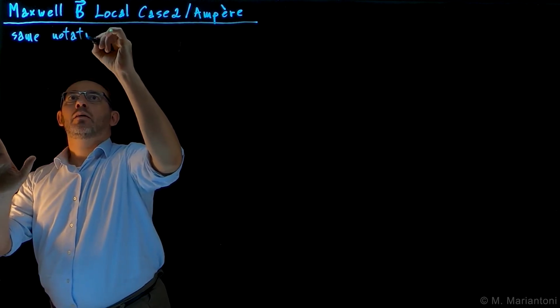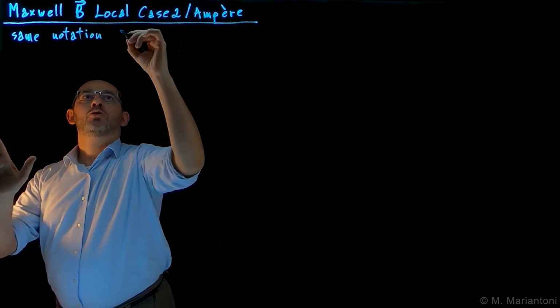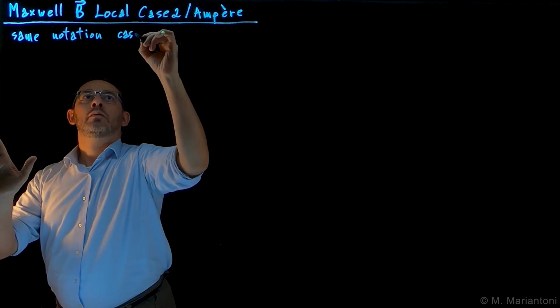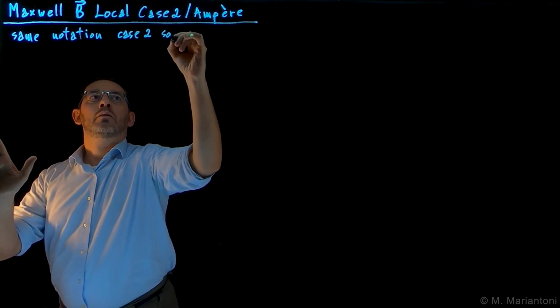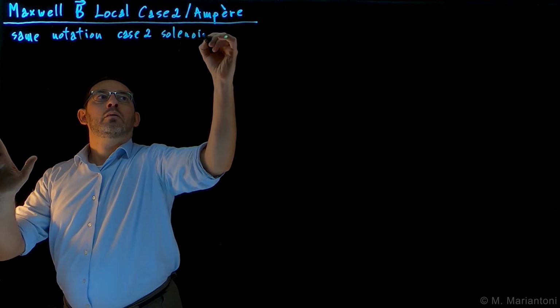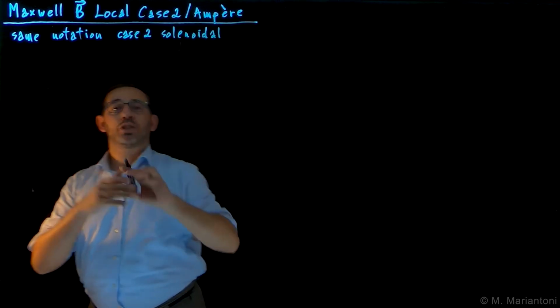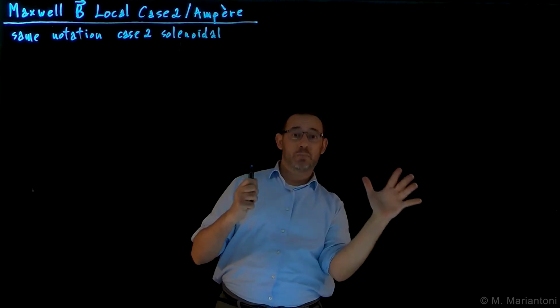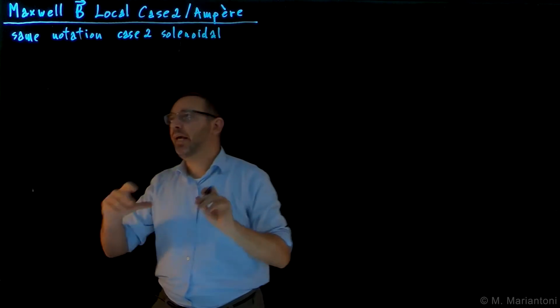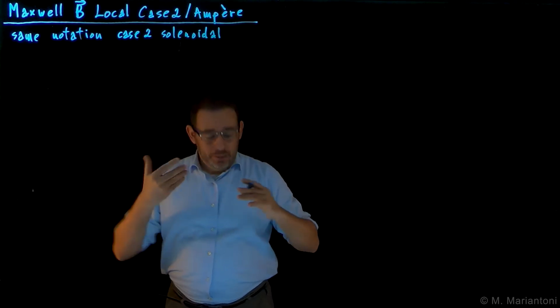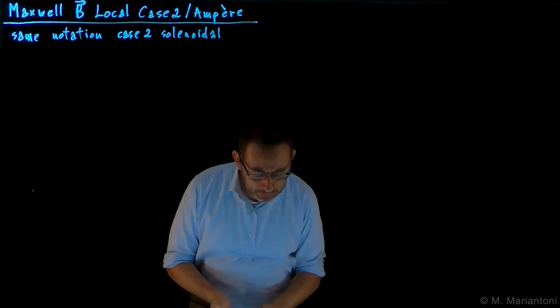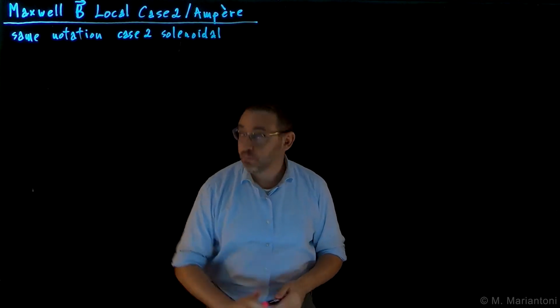So, if we use the same notation as in case 2 solenoidal, for example, we consider the same point capital P on the surface capital sigma where there is a Js vector there. Using the same notation, the way people write down this case is as follows.